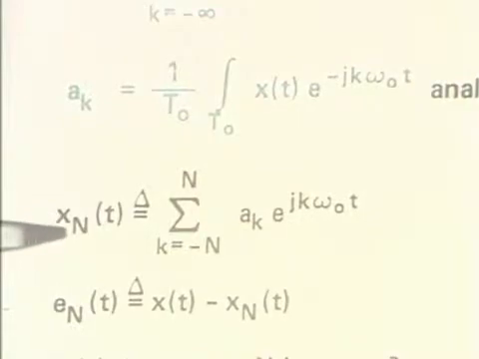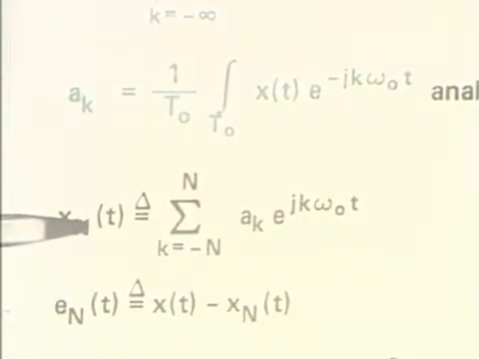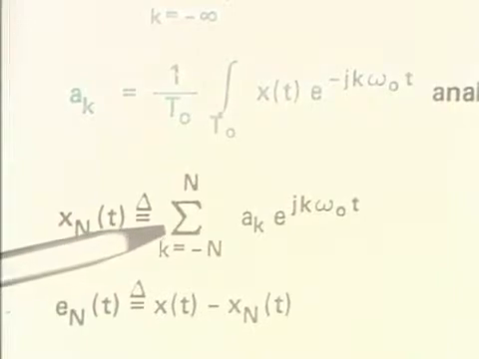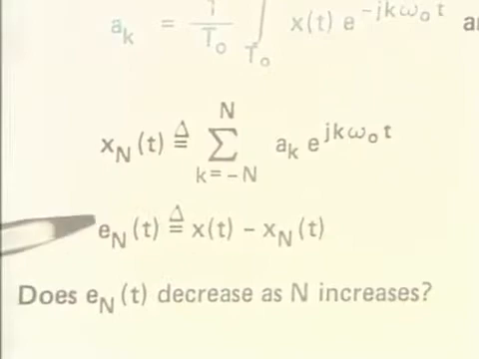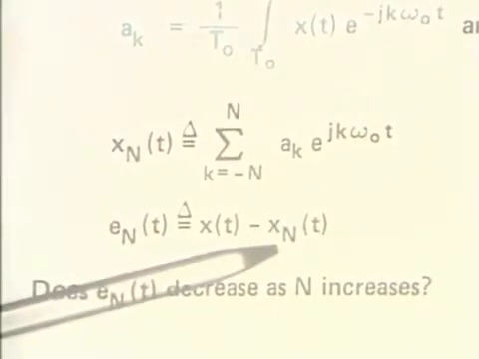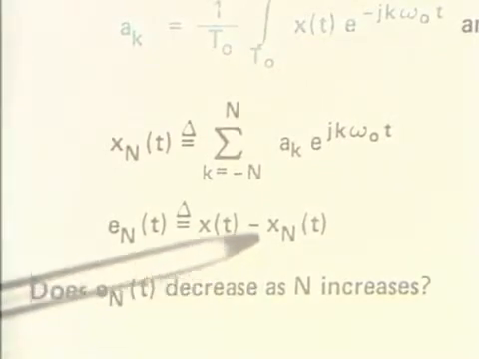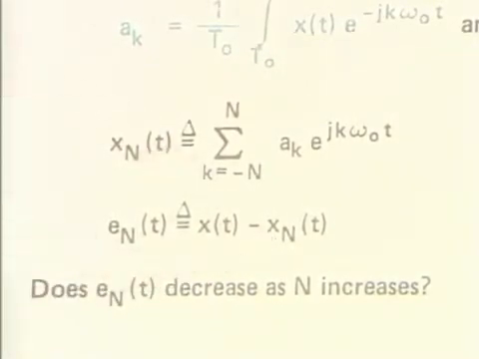Well, let's again use the notion of our partial sum. So we have the partial sum down here, and we can think of the difference between this partial sum and the original time function as the error. And I've defined the error here. And what we would like to know is, does this error decrease as we add more and more terms? And in fact, if the error does decrease, in what sense does it decrease?